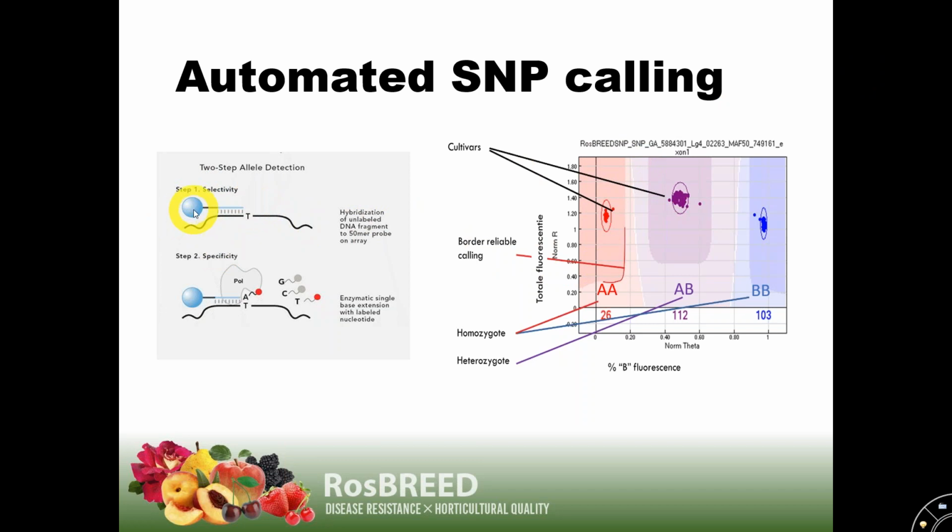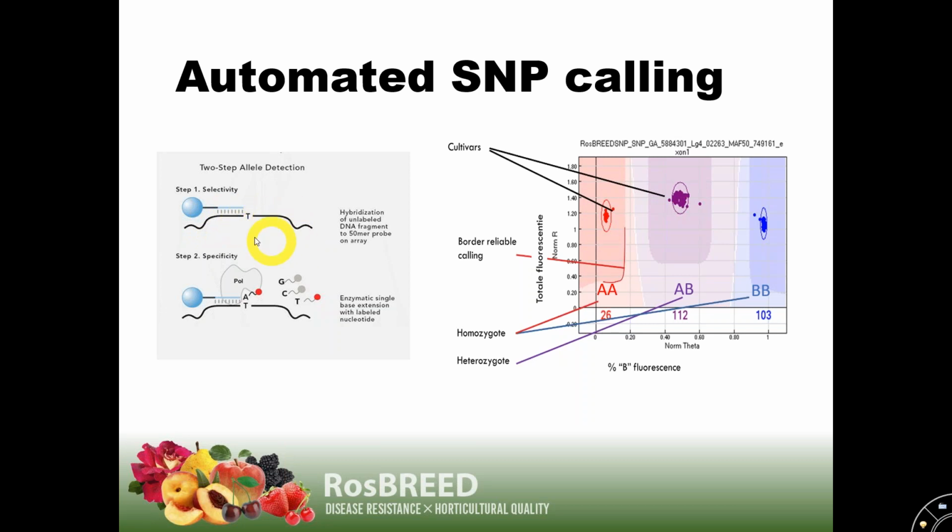So these arrays have microbeads, and each bead has many probes that target a single region in the genome, and these probes are complementary to the DNA right up to the nucleotide before the nucleotide where the SNP is.